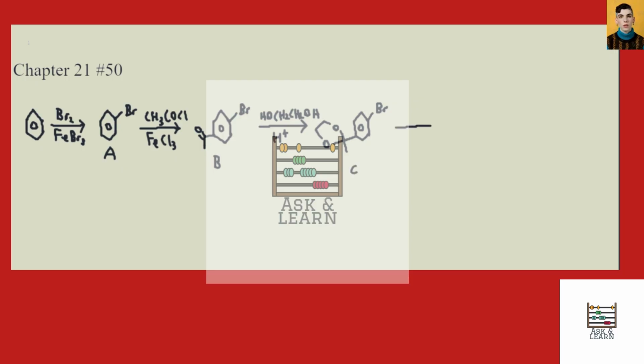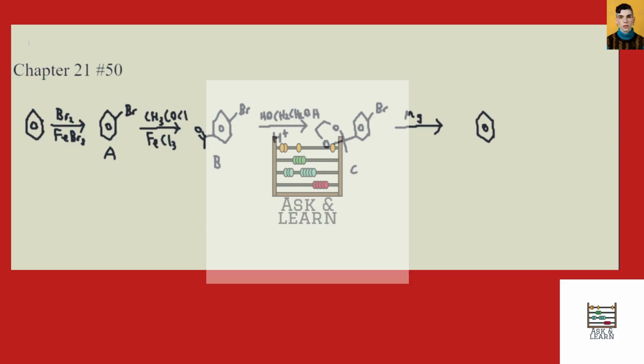So then to get from intermediate C to intermediate D, we're told to use just magnesium metal. And so we should look at this and think about earlier chapters. We have a bromine, and we're using magnesium metal.